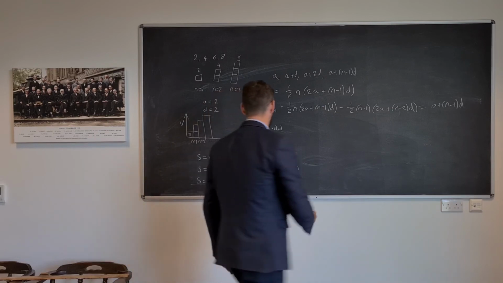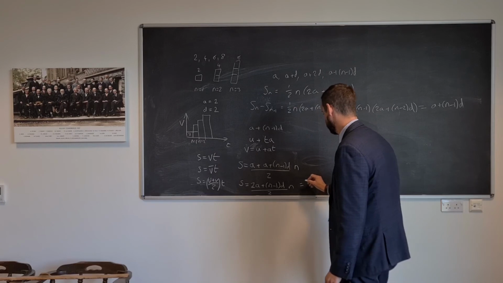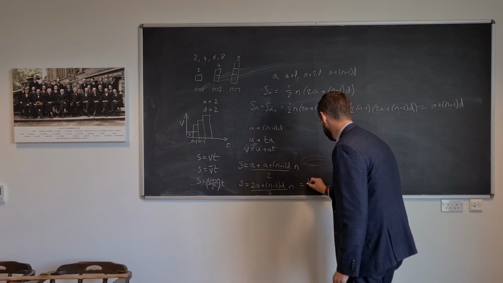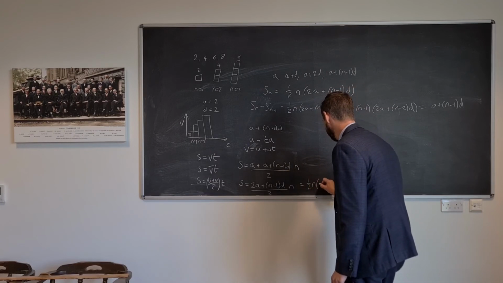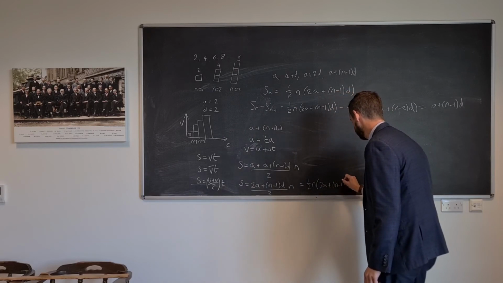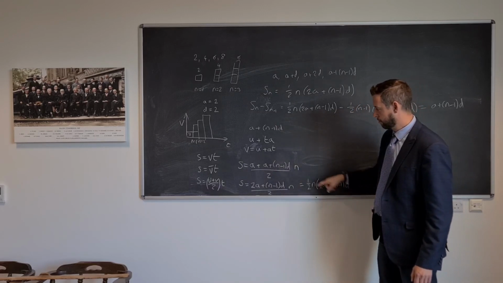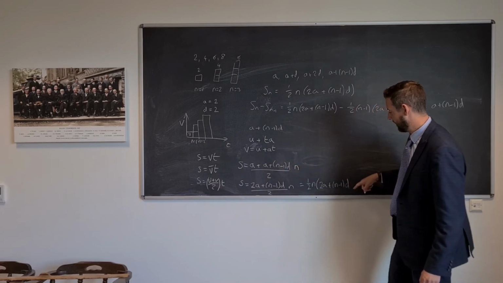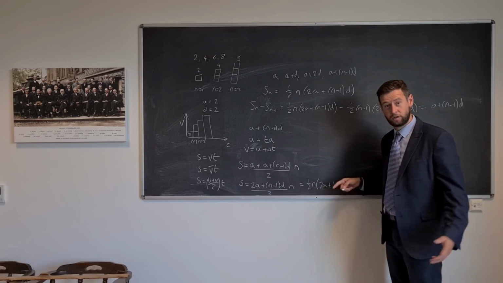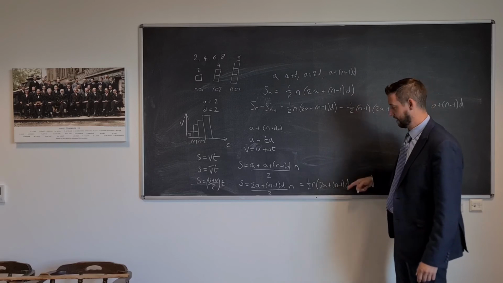And what you can see that we have here is that this is equal to a half n, 2a plus n minus 1 d. And so by simple substitution into this, what we actually get is Gauss's formula for the sum of an arithmetic series. We get that again.